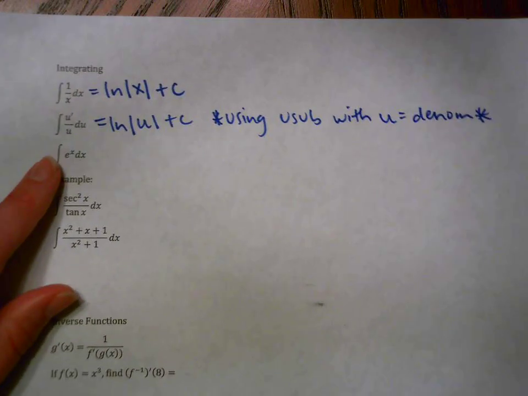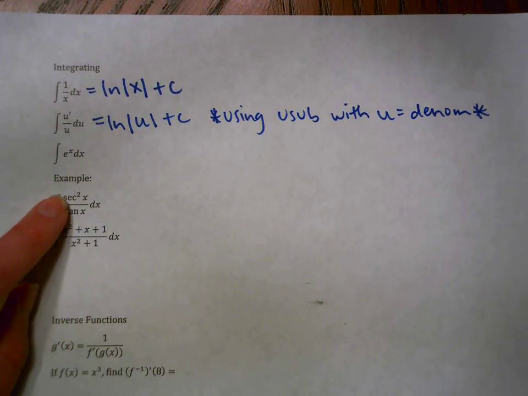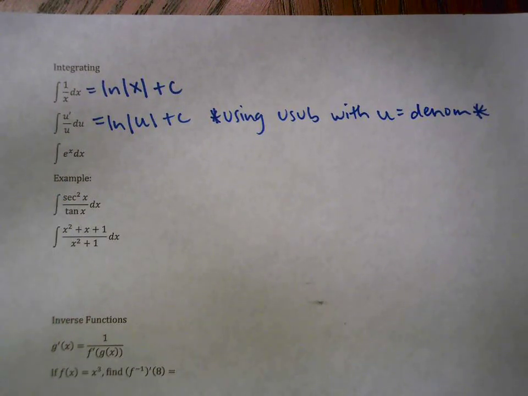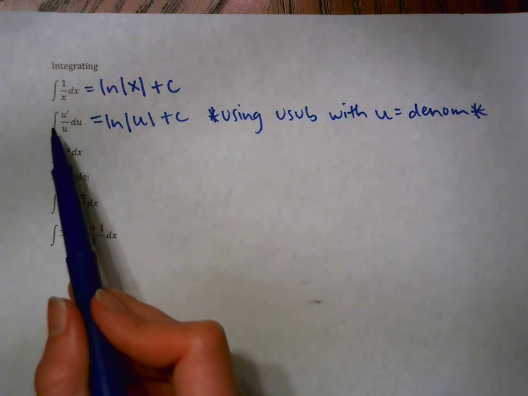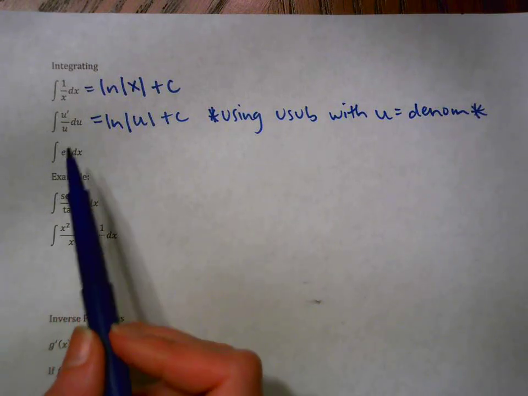Right, so our strategy for u substitution is if you have something inside of something else, you make that the u, or if you have something inside an exponent, or if you have stuff on the denominator. Those are your options for u.